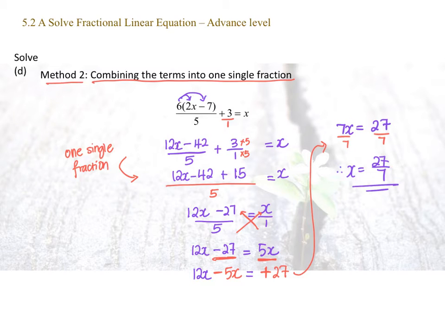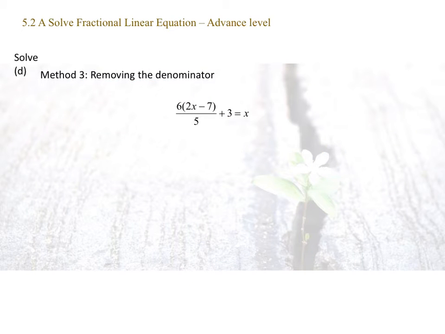Okay, so this is the method where we have to combine the 2 terms into one single fraction. We shall learn one more method to help you handle such questions. Method number 3. When we have fractional equations, what we can do is try to remove the denominator.